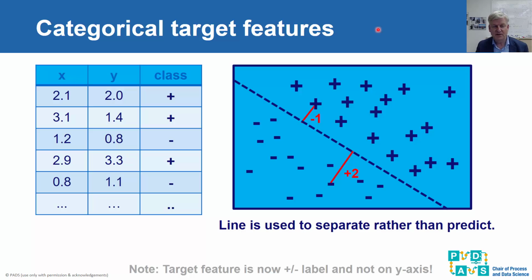So far, we have only considered categorical descriptive features, not the target feature yet. Now we are going to look at a special situation where we have a target feature that can have two values. In this example, you can see that we have the values plus and minus. They could mean true, false, they could mean high, low, they could mean red, green.